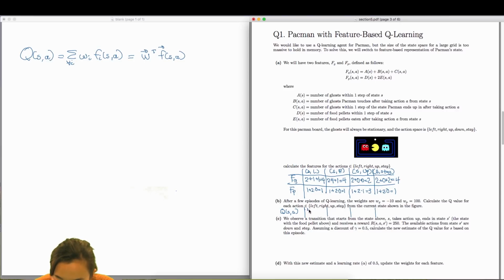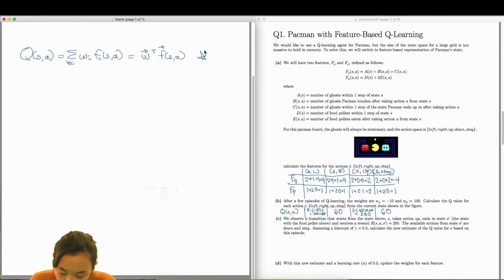So we're going to get 4 times -10 plus 1 times 100. That's going to give us 60. And then we're going to have the same thing for state right, so we're just going to have 60. And then we're going to have 2 times -10 plus 3 times 100, which is going to be equal to 280. And then likewise 60 again. Okay, so likewise, straightforward, just an application of this equation over here.